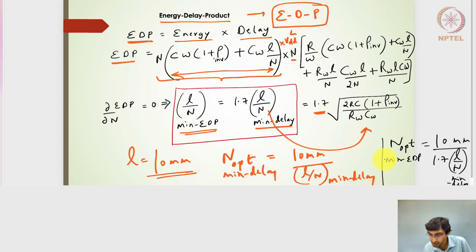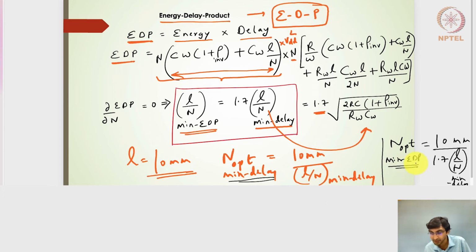So the optimum number of segments that we will create for achieving the minimum EDP turns out to be less than the optimum number of segments for achieving the minimum delay.